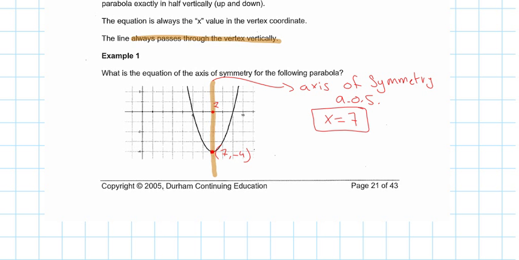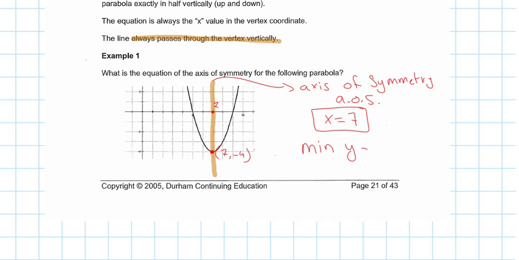Okay, now question for you guys. I'm going to go back to what we learned earlier. Do I have a min or a max here? Min. What's the minimum value? -4, okay? So the minimum is y equals -4.